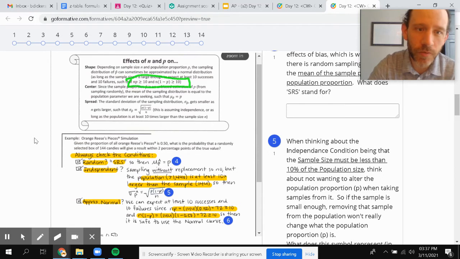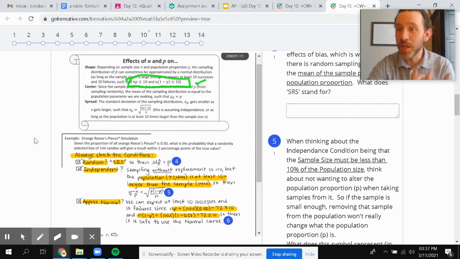So that first group, np greater than or equal to 10, is important for looking at this in terms of having a normal distribution. We will be able to verify that the sampling distribution is normal or approximately normal if n times p is greater than or equal to 10 and n(1 minus p) is greater than or equal to 10. So we do that check to see about the shape.